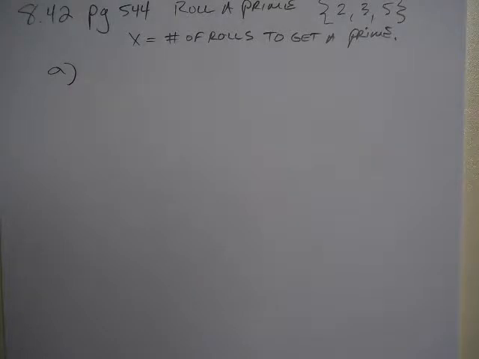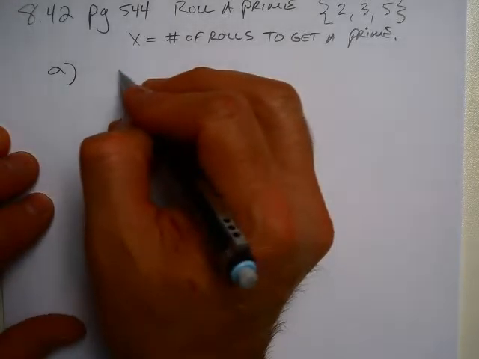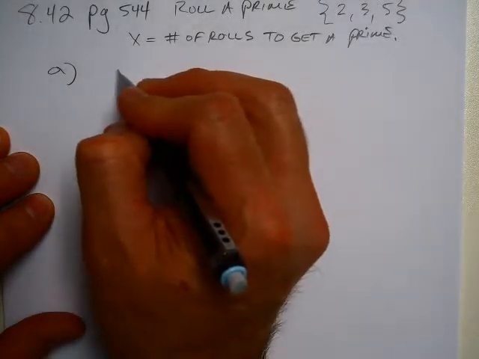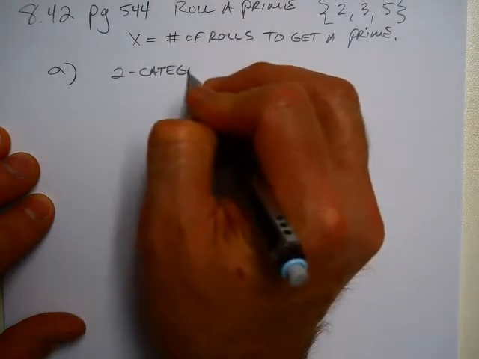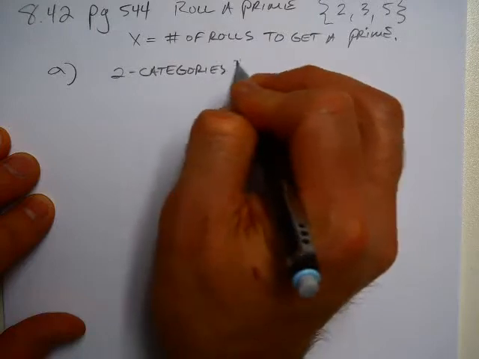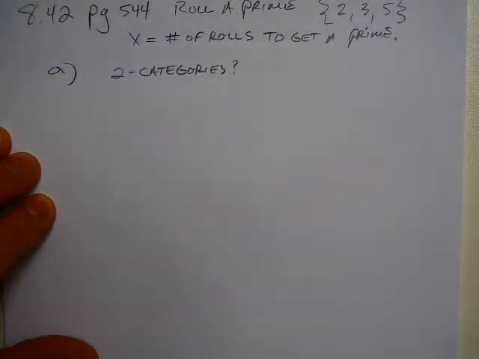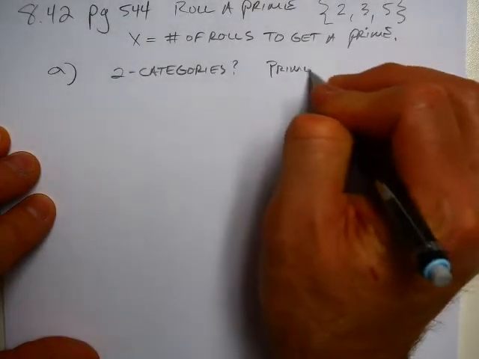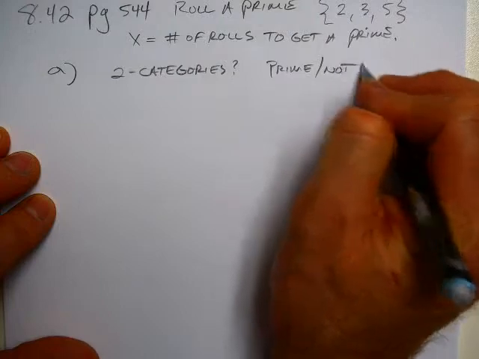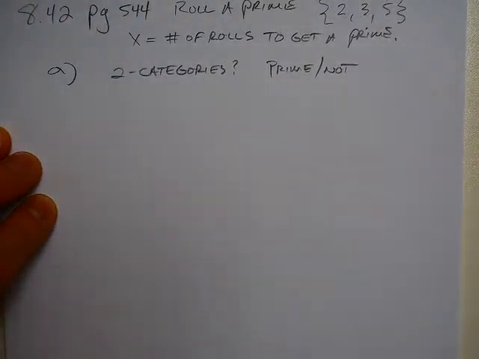So we've got to go through our conditions. Let's see, are there 2 categories? Sure, I think there are. You either roll the prime or you don't, right? Prime and not prime.